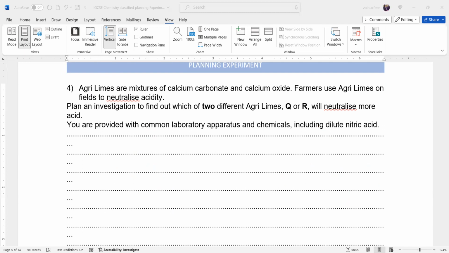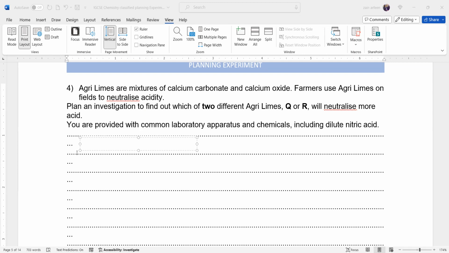Okay. So the second one, I feel, is a better way of doing it. But whenever you're planning an experiment, try to use the maximum number of apparatus names to plan your experiment. Just don't write the method.